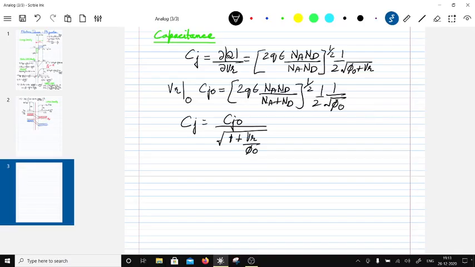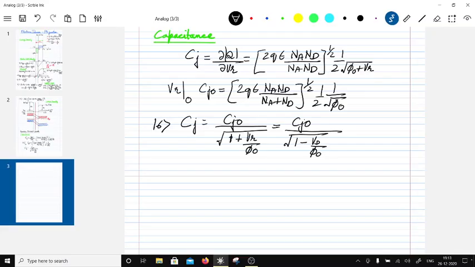This is true for an abrupt junction, so I'm going to write this as expression 16. This is capacitance. Now the capacitance is a function of reverse bias VR, right? We can write this for forward bias also. This will be equal to Cj0 divided by square root of 1 minus Vd over psi0.